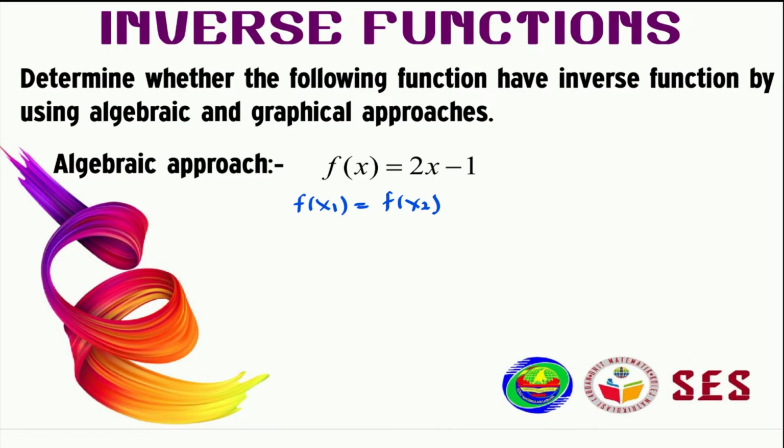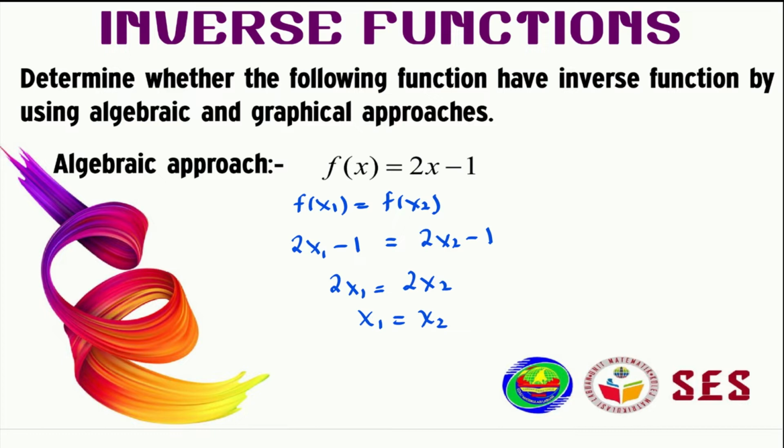So we have 2x1 minus 1 equals 2x2 minus 1. Simplifying gives 2x1 equals 2x2, and hence x1 equals x2.